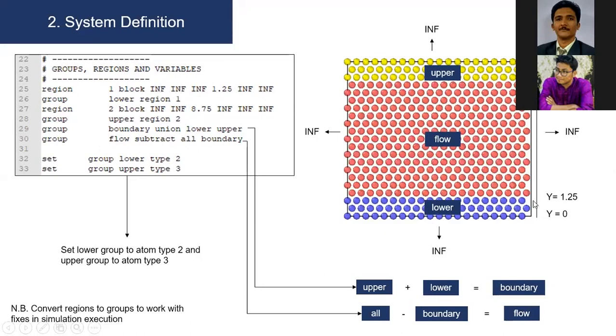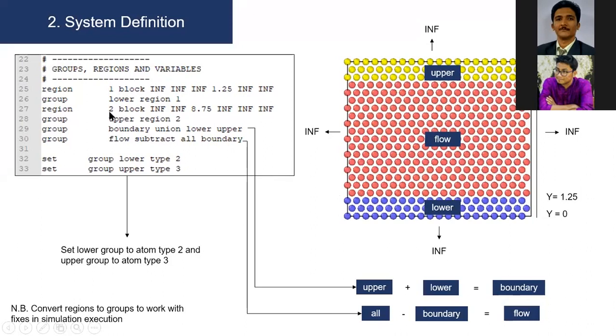And then Y low and Y high. For Y low we are giving an infinite value, and for Y high we are giving 1.25, so from the lower end to some portion like 1.25. And then on the Z axis, that is total infinite values. Okay, so that is what we did here. We have defined that lower region, and we named it region 1.